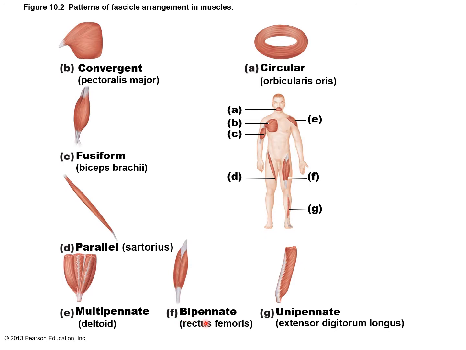And then you have bipennate, the rectus femoris, and that one is part of the quadriceps group. And then you have the unipennate, which is like half a feather, and that one you find in the lower leg and in the forearm. An example of that is the extensor digitorum longus, which extends the fingers.